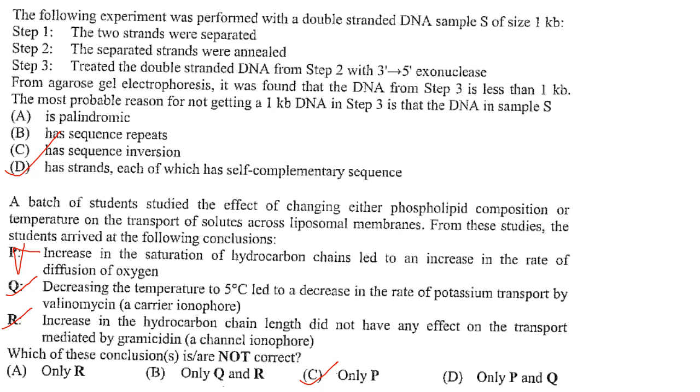Decreasing the temperature to 5 degrees leads to a decrease in the rate of potassium transport by valinomycin, a carrier ionophore. Valinomycin is a carrier ionophore that facilitates the transport of potassium across the membrane. In this process, the valinomycin and potassium complexes cross the membrane, and this crossing is influenced by temperature.